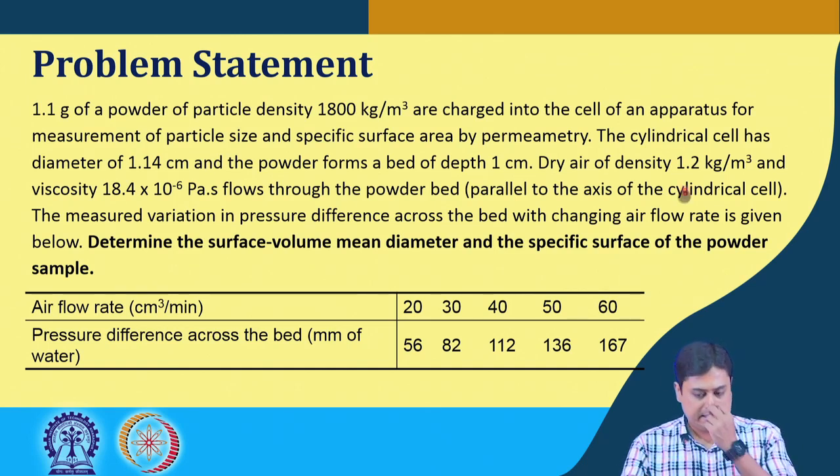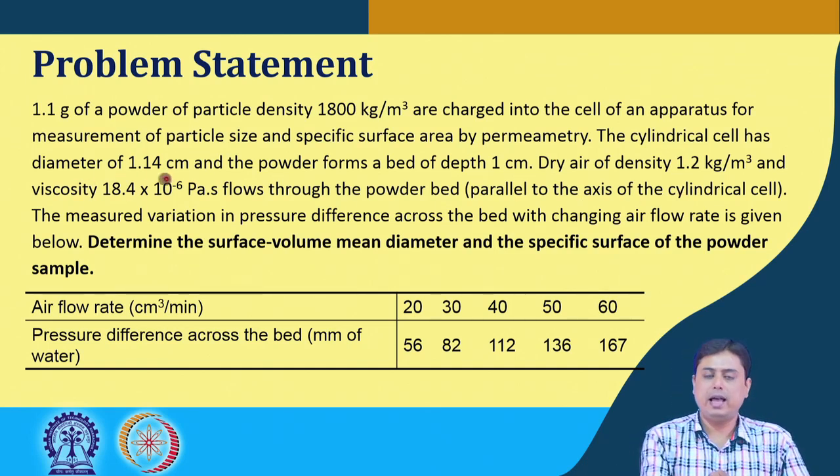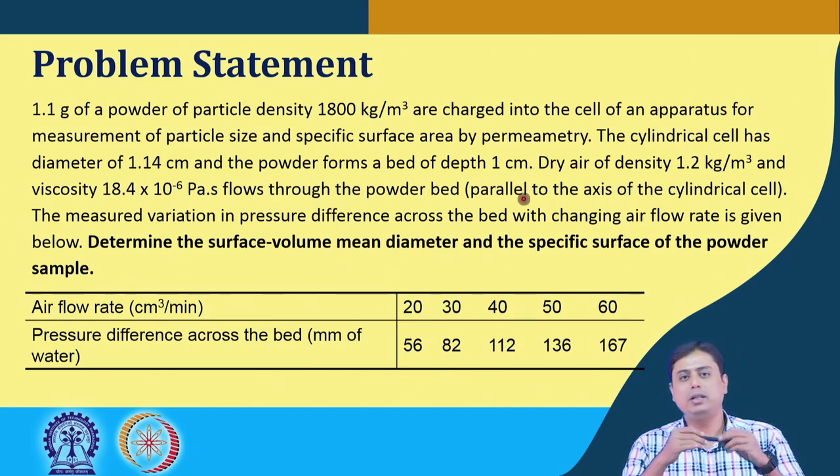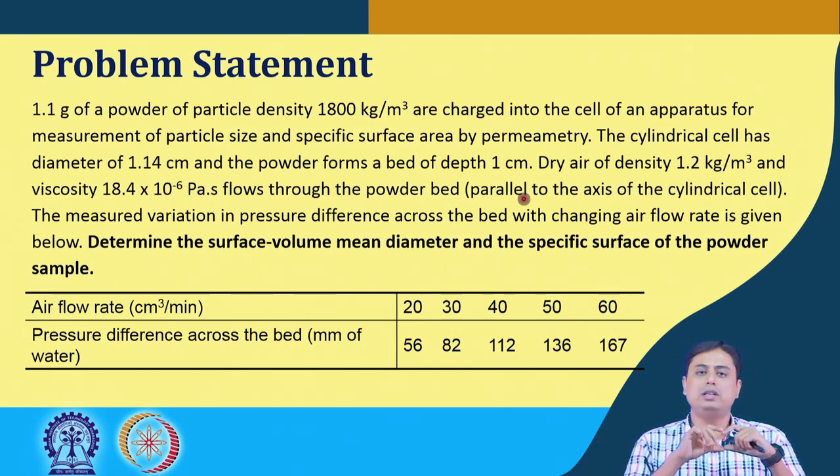Now the cylindrical cell has a diameter of 1.14 centimeter, and the powder forms a bed of depth 1 centimeter. Basically, you have a sample of powder that you charge into a cylindrical cell of 1.14 centimeter diameter.